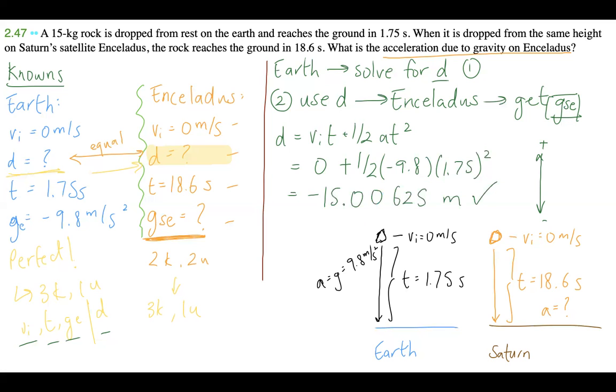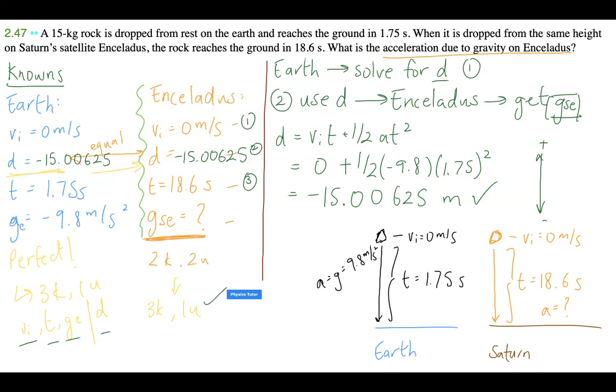So D is equal to minus 15.00625. Great, now we have 3 knowns.